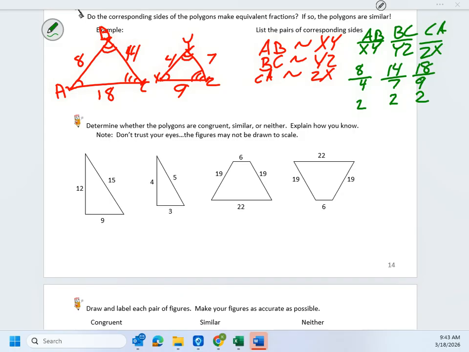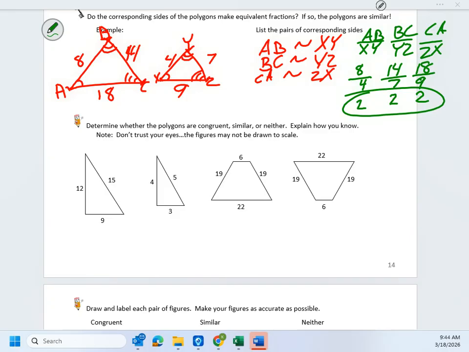It is proportionate. You have to match up all those corresponding sides and do the math for each one to make sure that it's all divided by the same number. If it is not divided or multiplied by the same number, then it would be a neither.